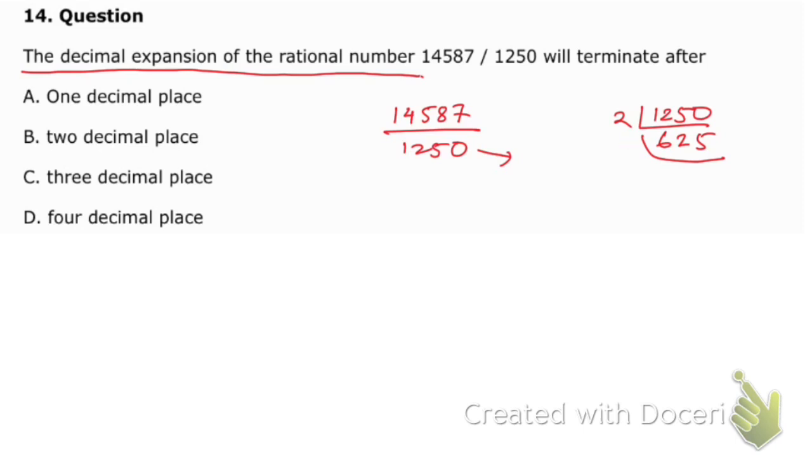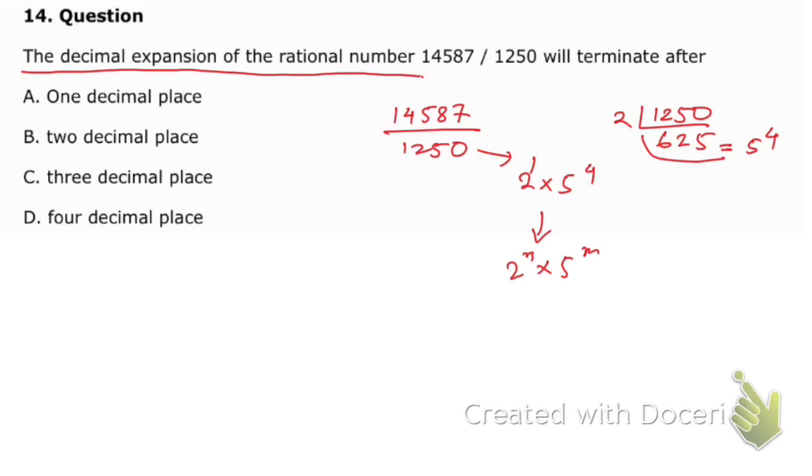We already know that 625 is 5 to the power 4. So the prime factorization is 2 into 5 to the power 4. So here 2 to the power 1. So this is in the form 2 to the power n into 5 to the power m, and the numerator is not divisible by 2 and also not divisible by 5.